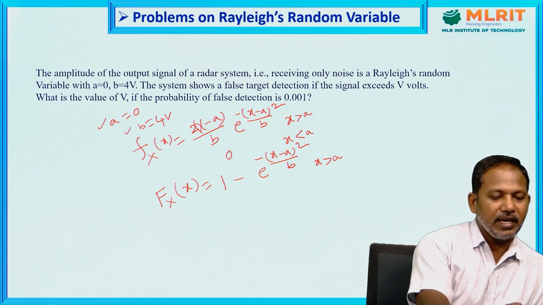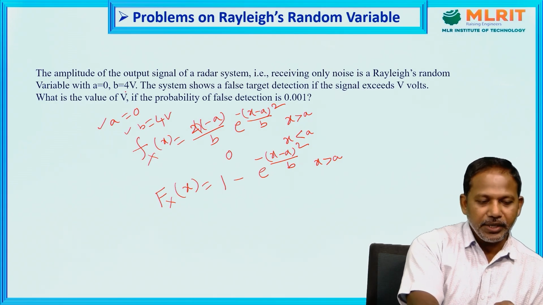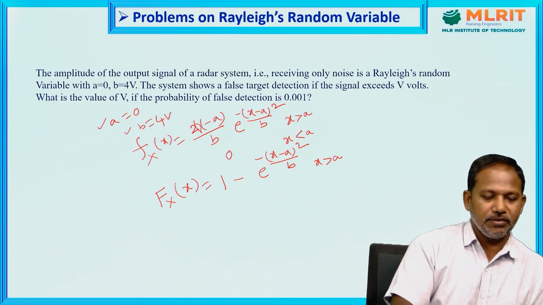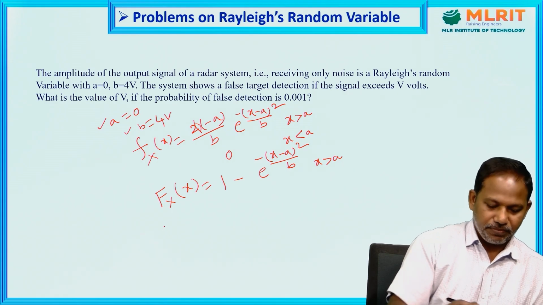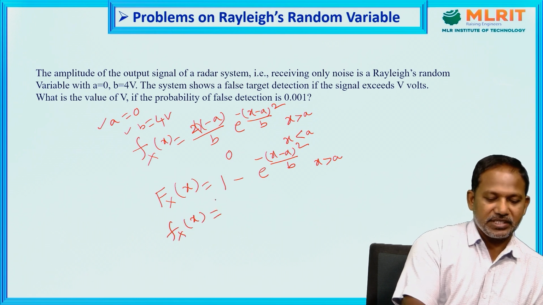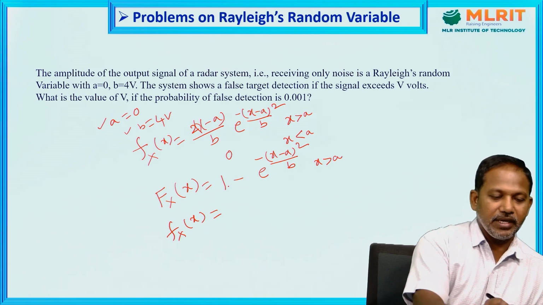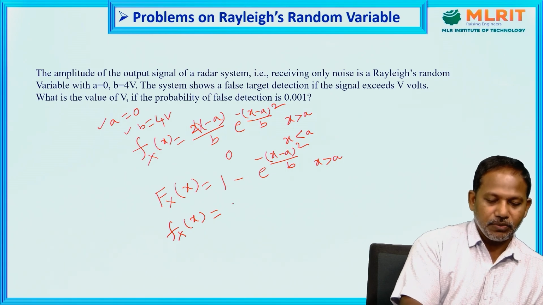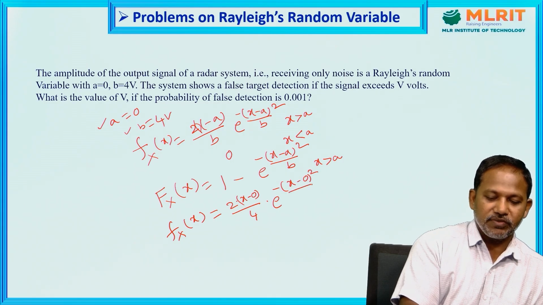See here, the a and b values are given. I need to substitute those two values in this equation. We can get the small f_X(x), that is the probability density function, equal to 2(x minus 0)/4 times e power minus (x minus 0) whole square by 4 for x greater than 0.